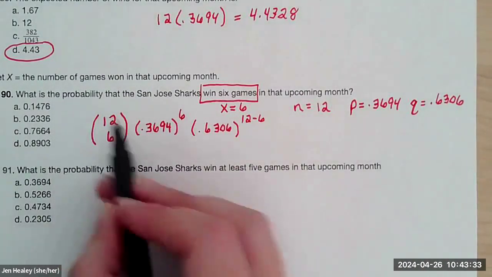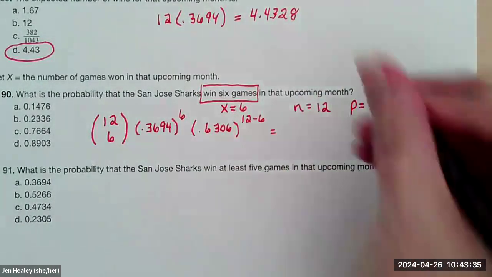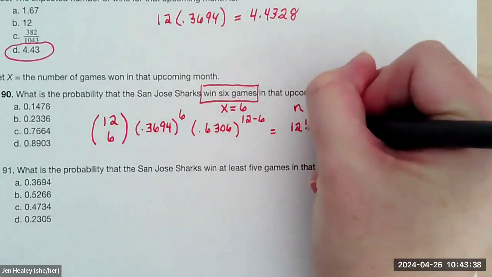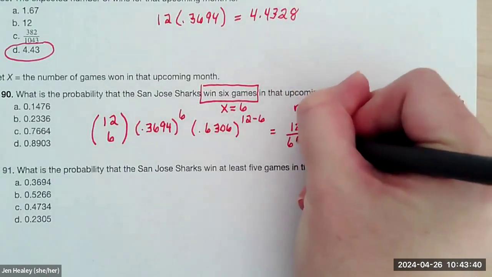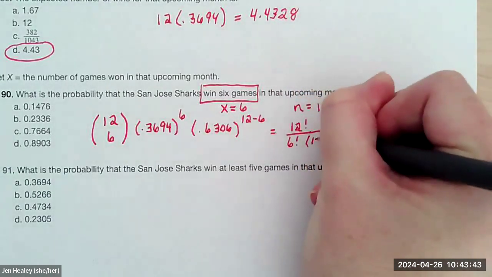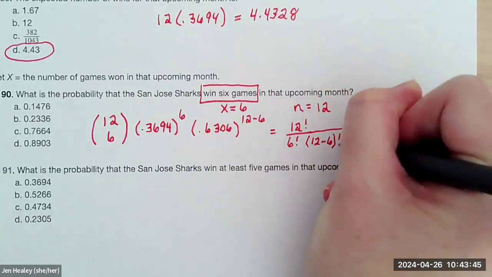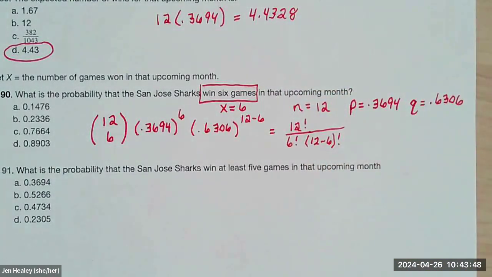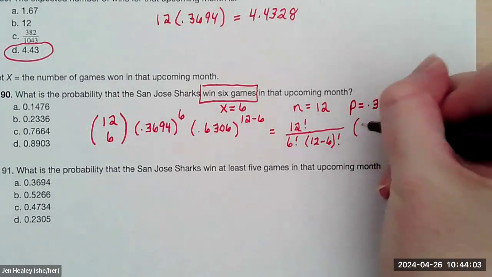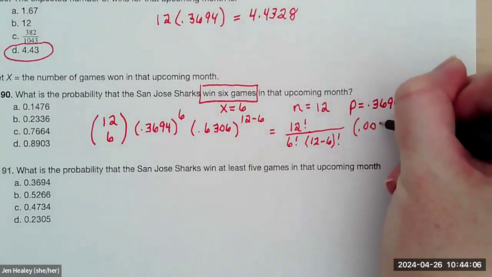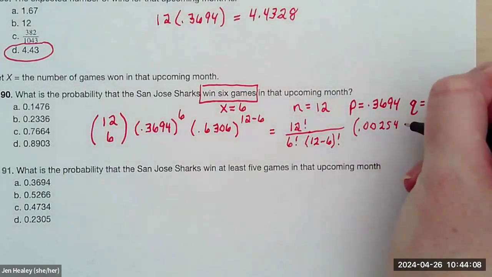This part right here, that's me doing my combination calculation. So that's going to be 12 factorial over 6 factorial times 12 minus 6 factorial. And then 0.3694 to the power of 6 is approximately 0.002541.